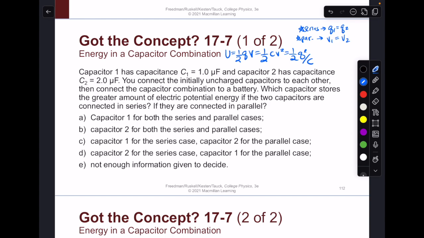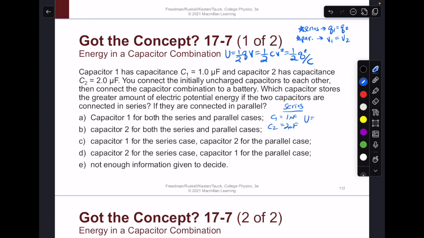So the potential across the plates of capacitor 1 in parallel is the same as that of capacitor 2. So let's look at the series arrangement, C1, C2. C1 is 1 microfarad and C2 is 2 microfarads.